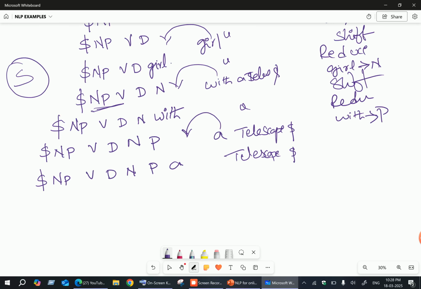Okay, so now you can perform the reduce action, that is A is a determinant. So now after performing the reduce action, NP, V, D, N, P and D. Now one more thing here in the leftover, you can shift telescope.